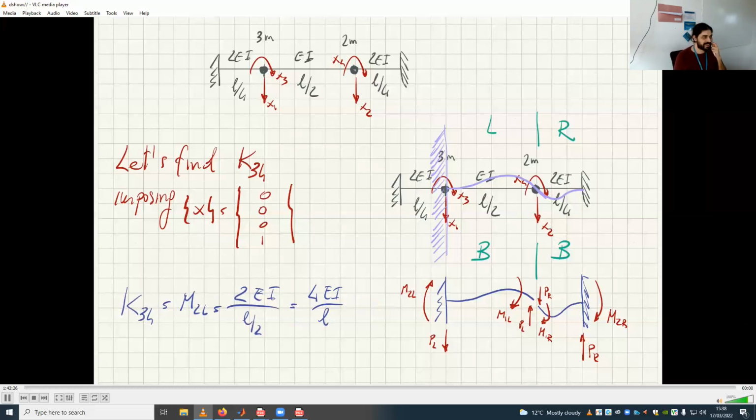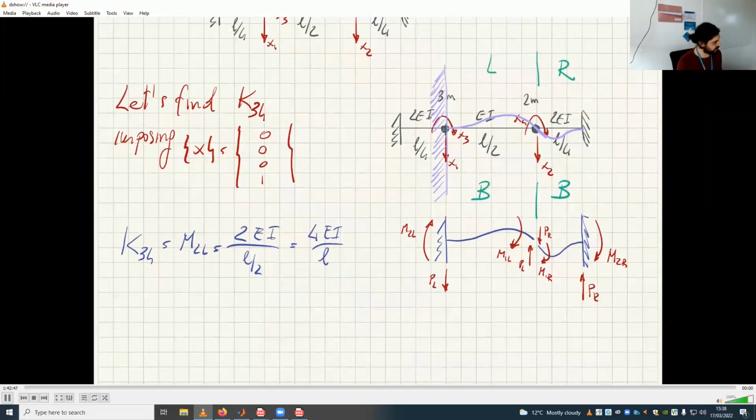How did you get 8? We do the counts. Yes. I did it for 3, so mine's slightly different. Shall we do it for 3? So let's find that K34, and I argue that K34 is this.